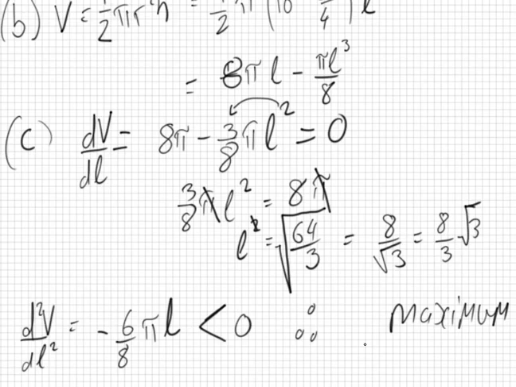Yeah. What are you asking me? Oh, why did you subtract by 3 over 8? Subtract? Yeah. 8 by 3. Oh, that's the derivative. Derivative of the previous line. The line before that. Derivative.